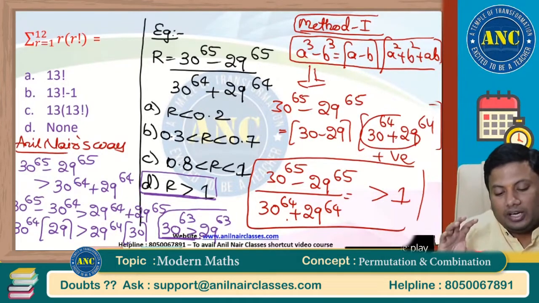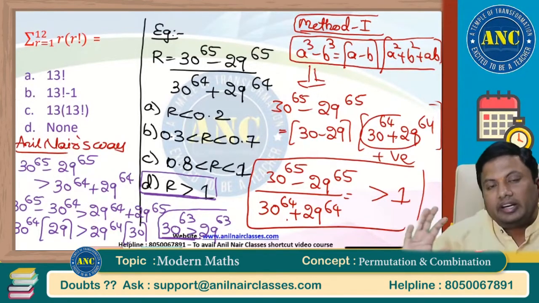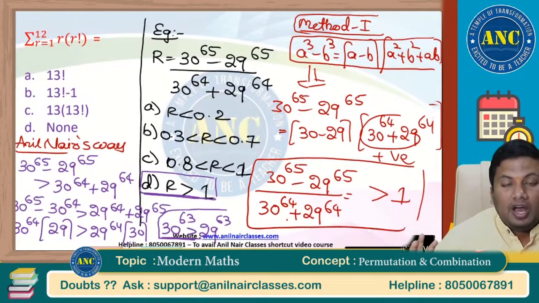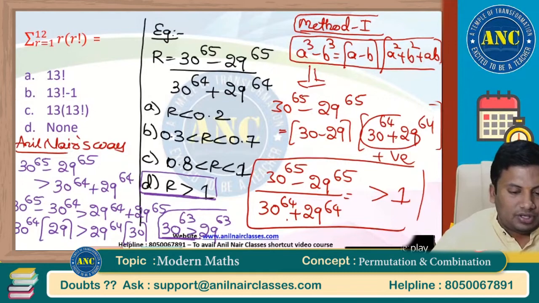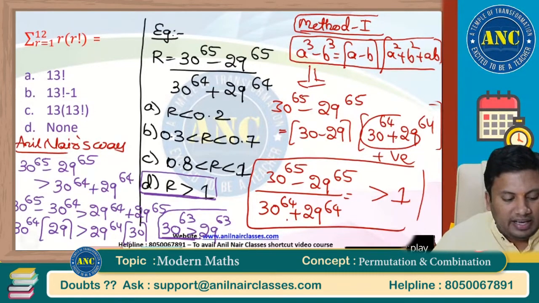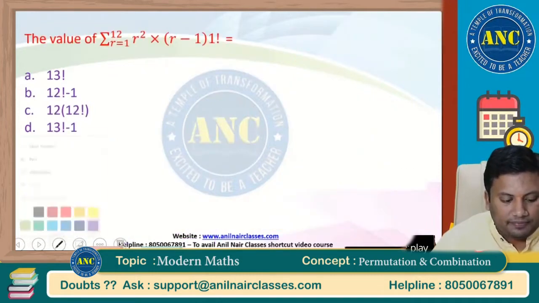I hope you have understood how you can look at it from an optimization point of view, from a pattern point of view, or from the answer options. I hope this idea is clear. Now what I did is I shifted the question.